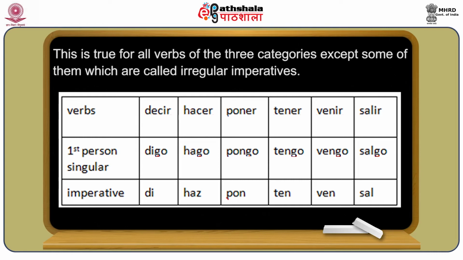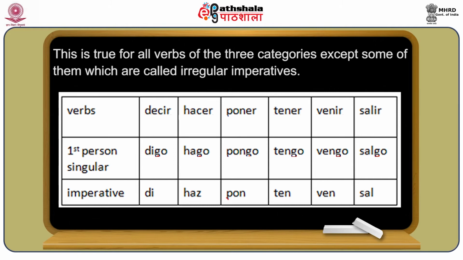So for the verbs ending in go in the first person singular form except hacer, in order to make the imperative, we simply remove go from that verb and the imperative will be what remains. For example, decir in first person singular is digo, so we remove go, so the imperative in tú form is di.